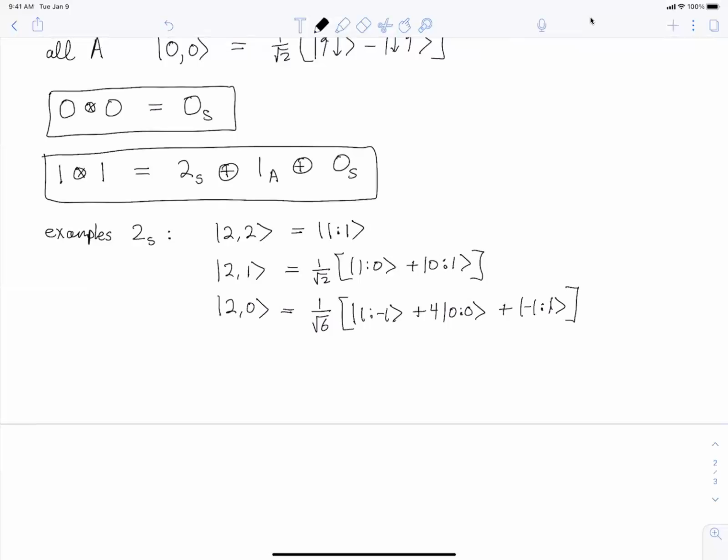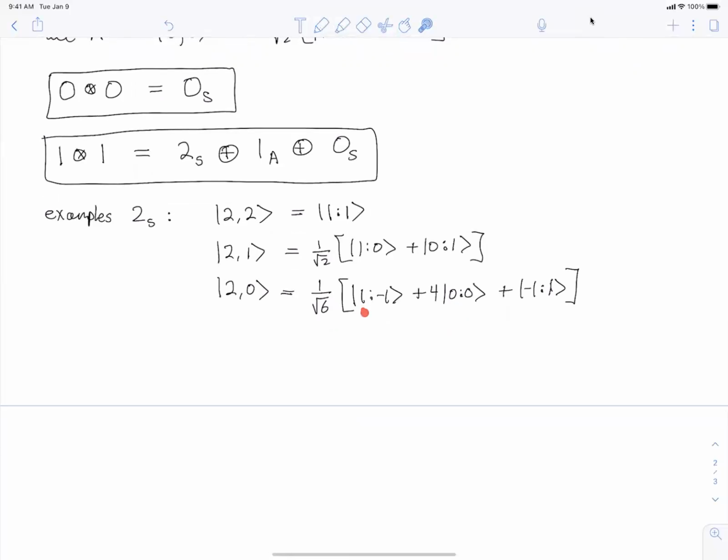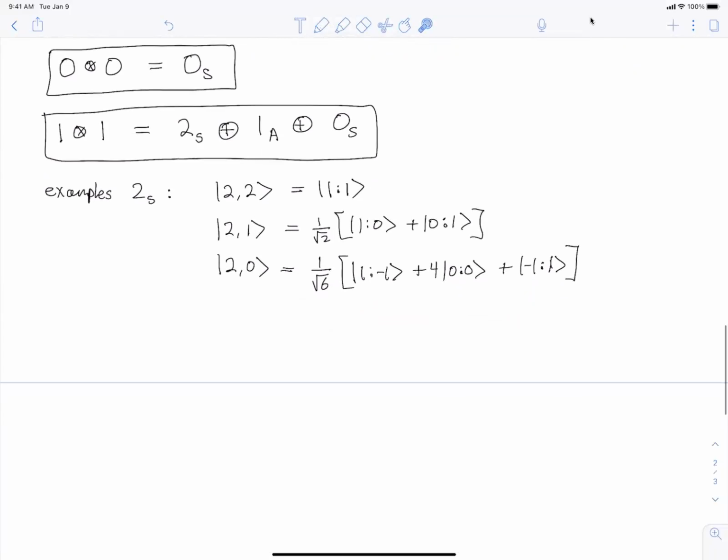Okay, and so now if I interchange the 2 angular momenta, this doesn't change because they have the same m values. And this one turns into this one, right? Because they have a plus sign in front of both of them, and they have their m values exchanged. So then you can do examples of the 1 anti-symmetric combination.